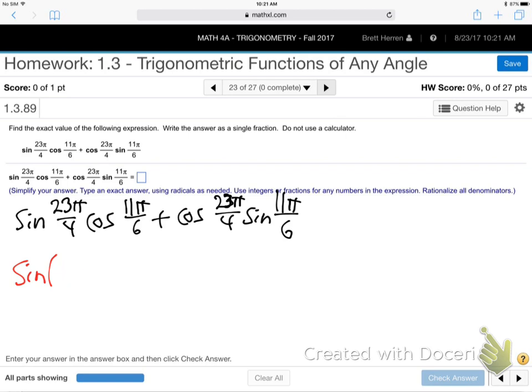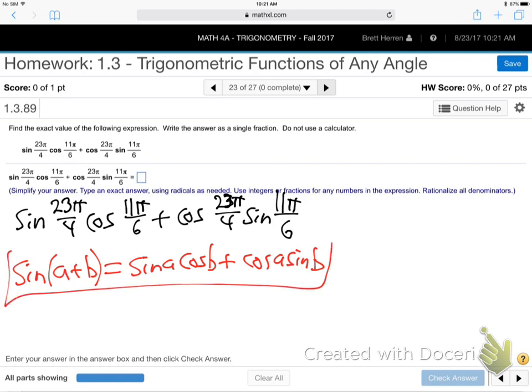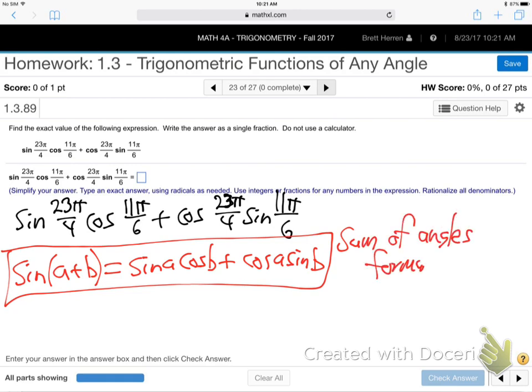Let me call it A plus B. It's sine A cosine B plus cosine A sine B. This is something you want to put on your 3x5 card. It's called the sum of angles formula for sine. If you're taking the sine of two angles added, it's the sine of the first angle times the cosine of the second angle, plus the cosine of the first angle times the sine of the second angle.